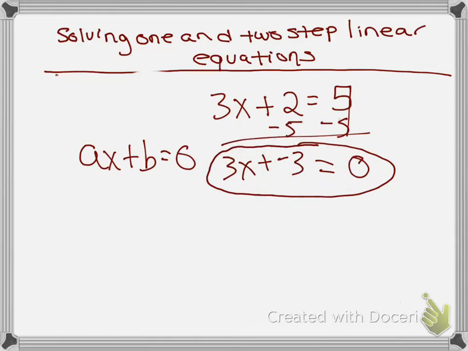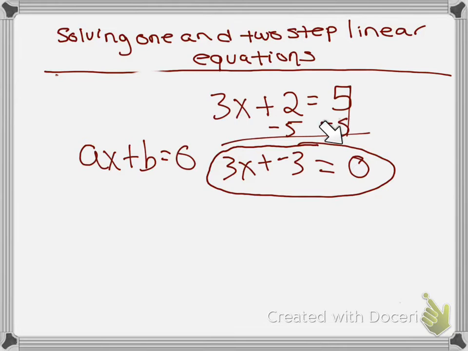Now, that's not so important for linear equations, okay? Because you don't have to get one side equal to 0. But in your next unit, we're going to be looking at quadratics. And in quadratics, you have to get one side equal to 0 to be able to solve it, okay?